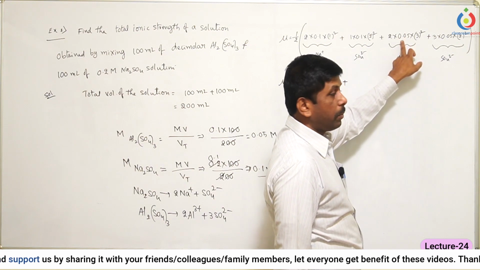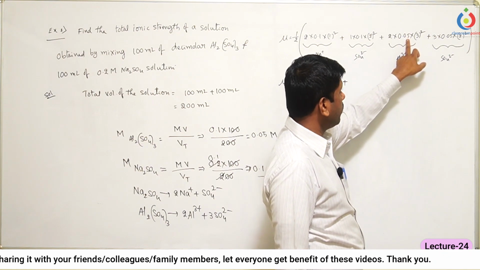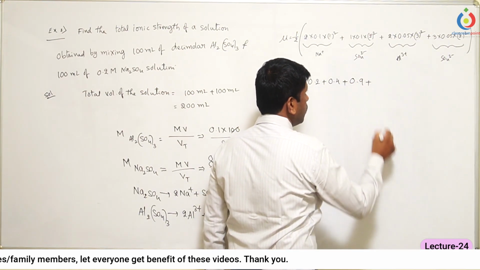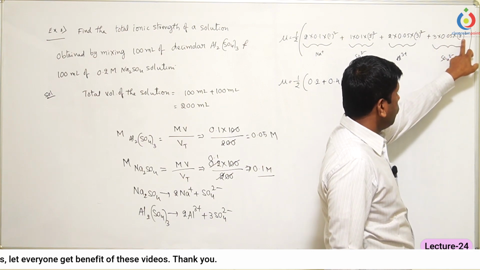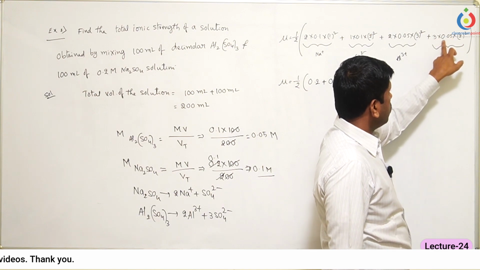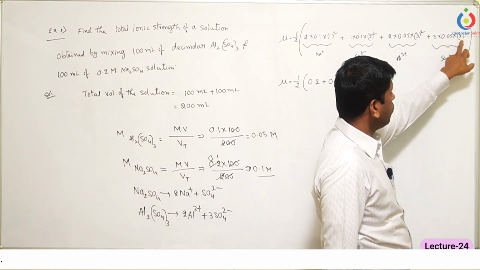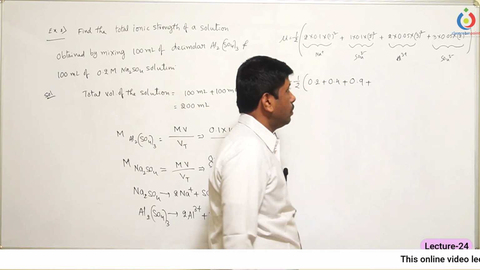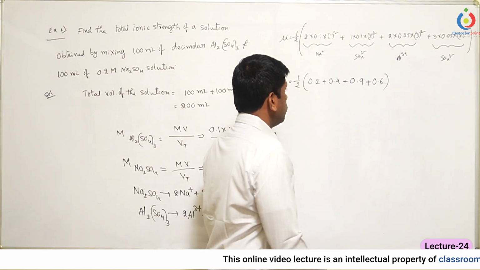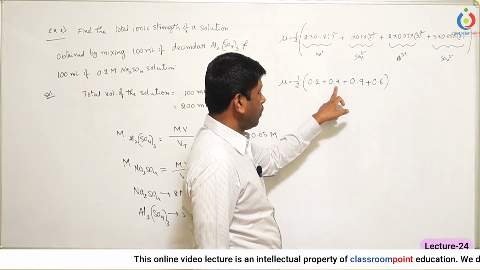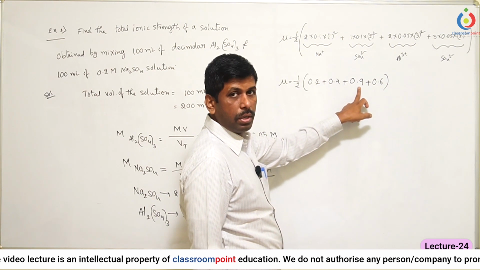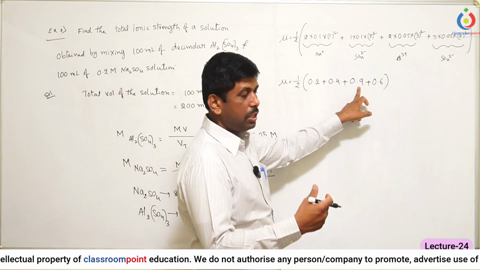This value equals to 0.1. 2 into 0.05 means 0.1. 0.1 into 9 equals to 0.9 plus this equals to 4. 4 into here 3 into 0.05. This is equal to 0.15. 0.15 into 4 is equals to approximately 0.6. So here 0.6, 0.4, that value equals to 1. 0.2, 0.9, 1.1. So 1 plus 1.1, that is 2.1.